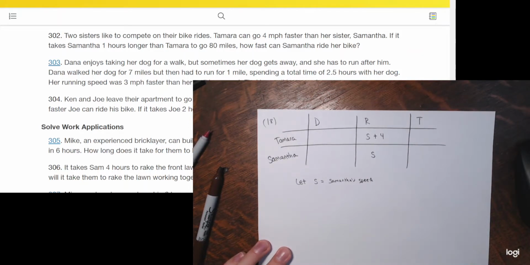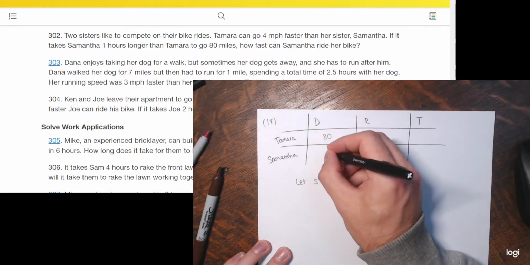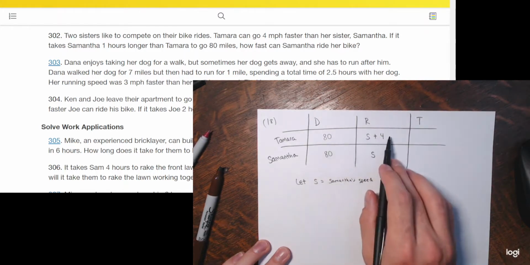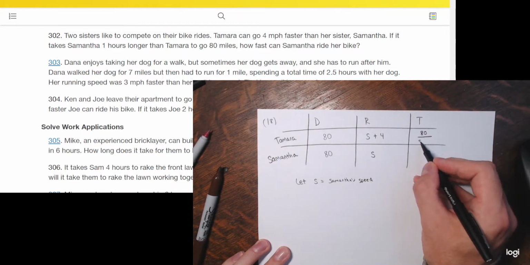They both go 80 miles, right? Because it takes Samantha 1 hour longer to go 80 miles than Tamara. So the time it takes Tamara to go 80 miles is 80 divided by S plus 4.